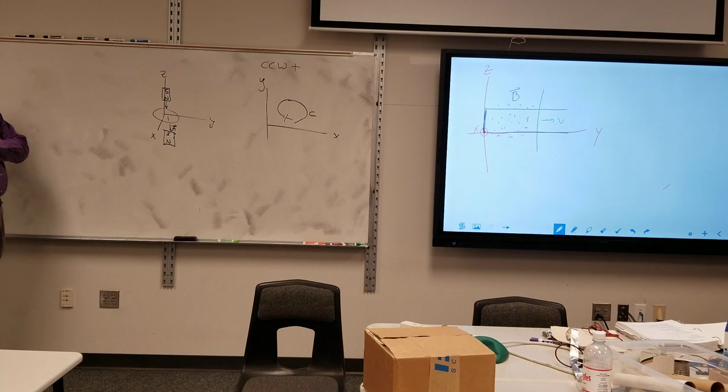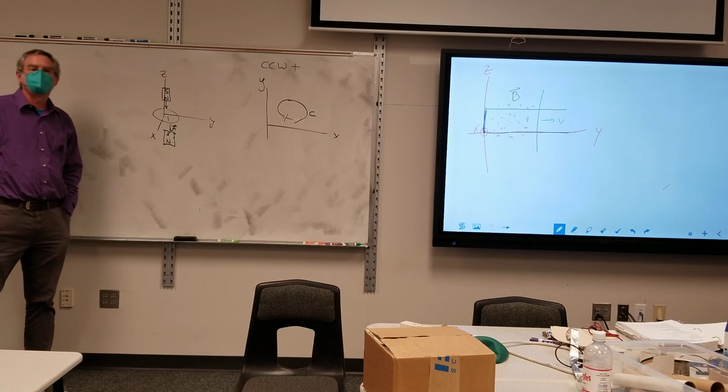So the magnetic flux increases as it goes down into the loop and then starts to decrease once it passes it. And the current, or the induced current, kind of does the opposite. Yes. Yeah, it will.